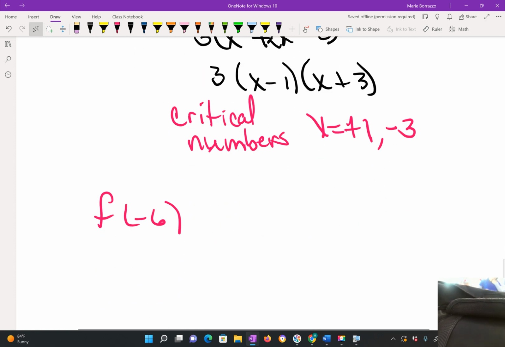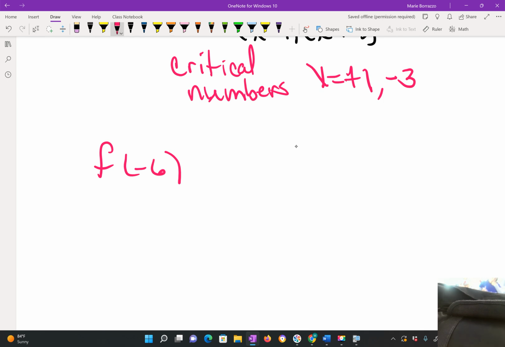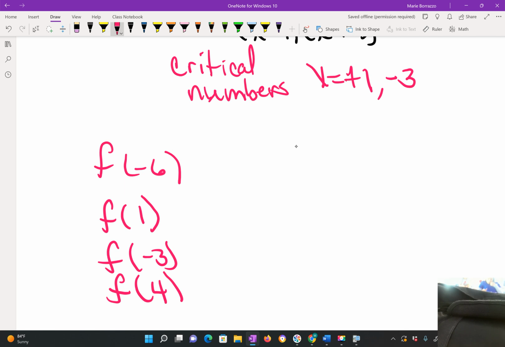So we're going to start with f of -6 and f of 1, f of -3, which should have been before that one, and f of 4. You can use whatever method to get this answer. Do you know how to do that without suffering? How many of you have the TI-83 or 84? Is this as easy as plugging it in?